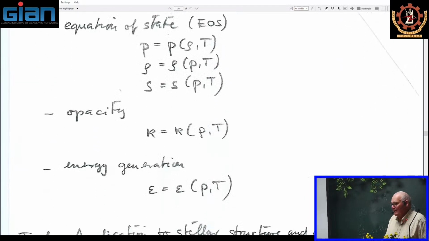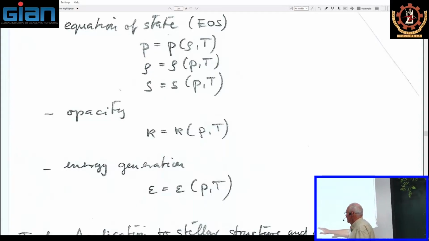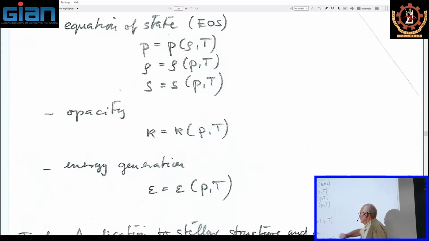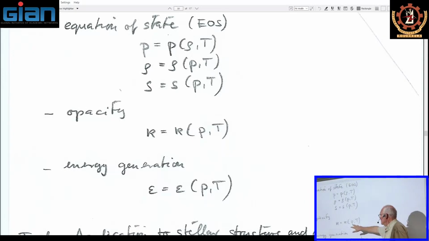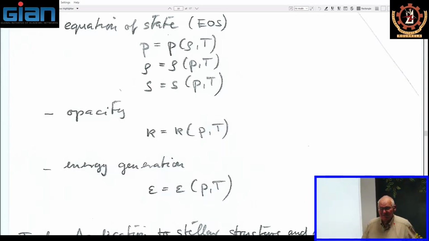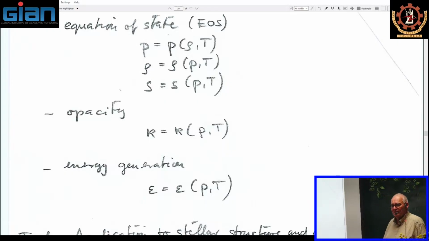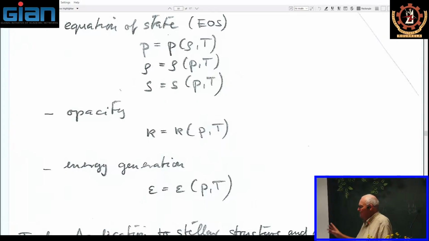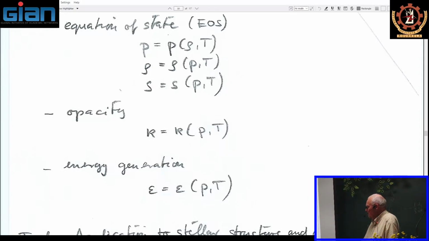This is the opacity. You have to determine the opacity occurring in the energy transport equations. Opacity is also a function of pressure and temperature, and it is a sensitive function of chemical composition. So you need to know the chemical composition, and you need to know the pressure and temperature to determine the opacity.